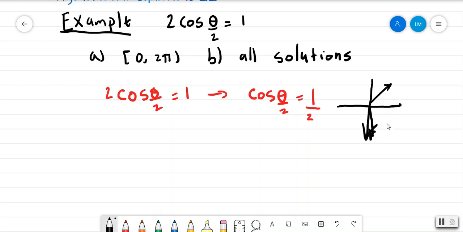Okay, so now the angle measure that we have for the first one is theta over 2 is equal to, well, that's going to be pi over 3. So we have pi over 3.